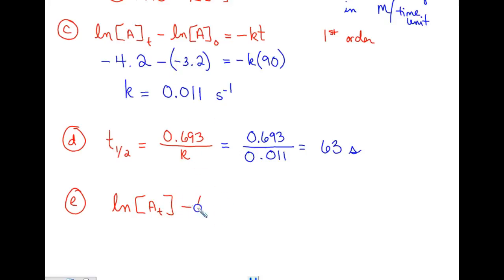Minus negative 3.2 is negative 0.011 times 150 seconds.